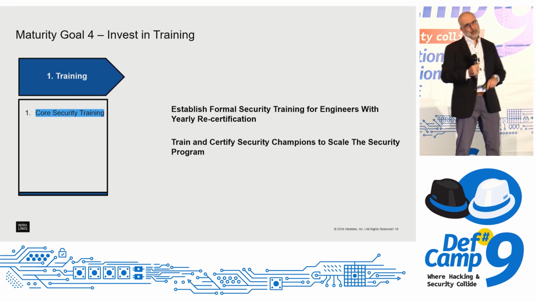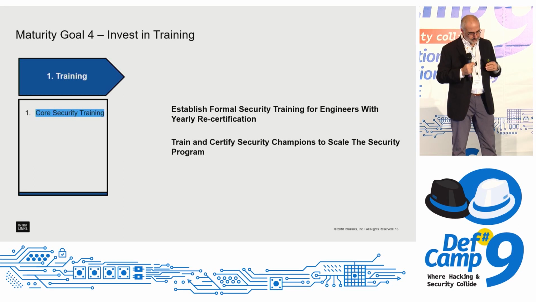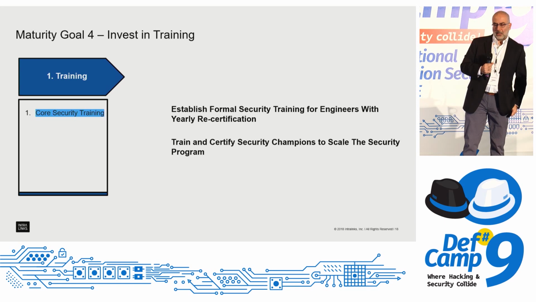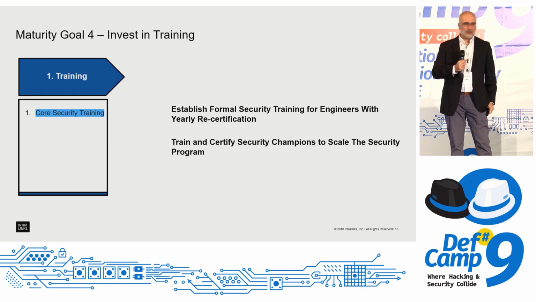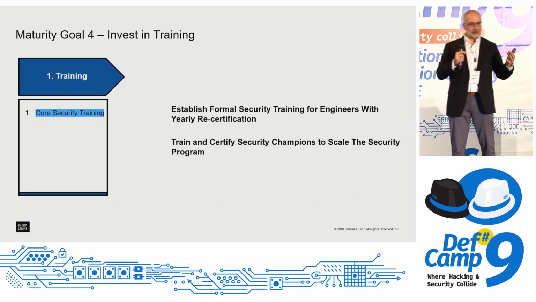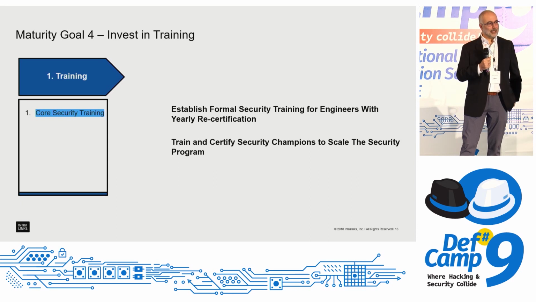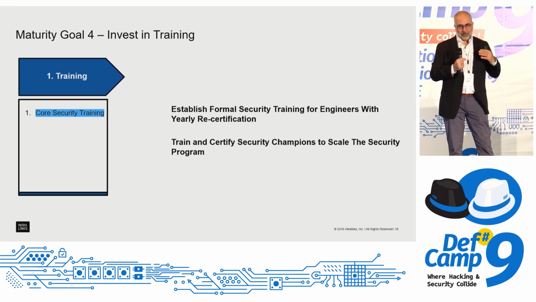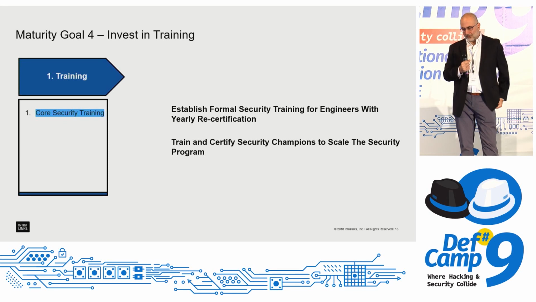Also, people will tell you that security people are hard to come by, and that's true. Especially application security is not as interesting as hacking or breaking stuff and getting credit for that. This is everyday hard work with very few credits.